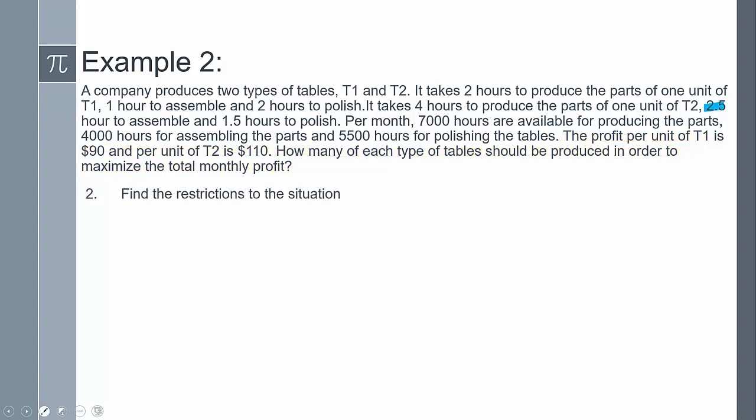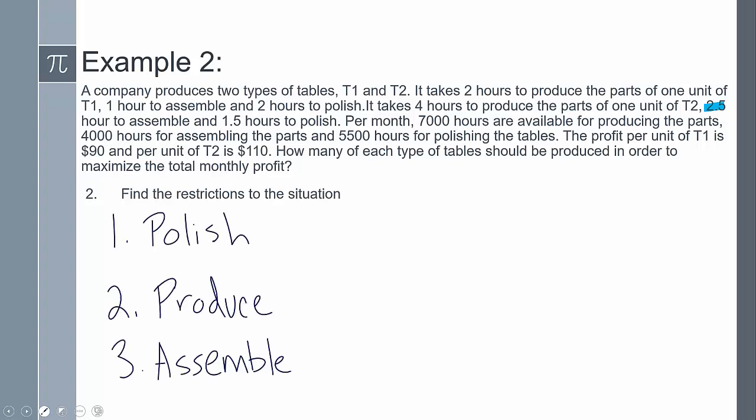So now, let's find the restrictions to the situation. There were a few things in there saying that I can't just have an unlimited amount of time to do it. The first one talked about polishing. It talked about time to produce, and time to assemble. Let's look at where it talked about polishing.